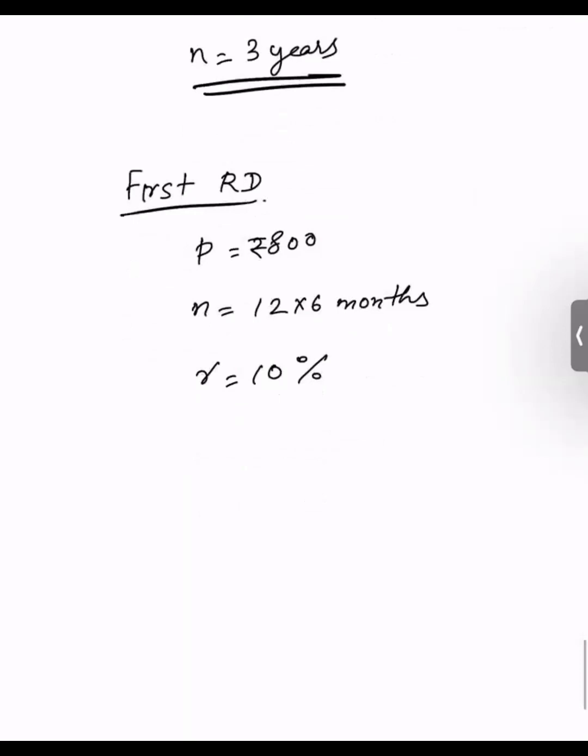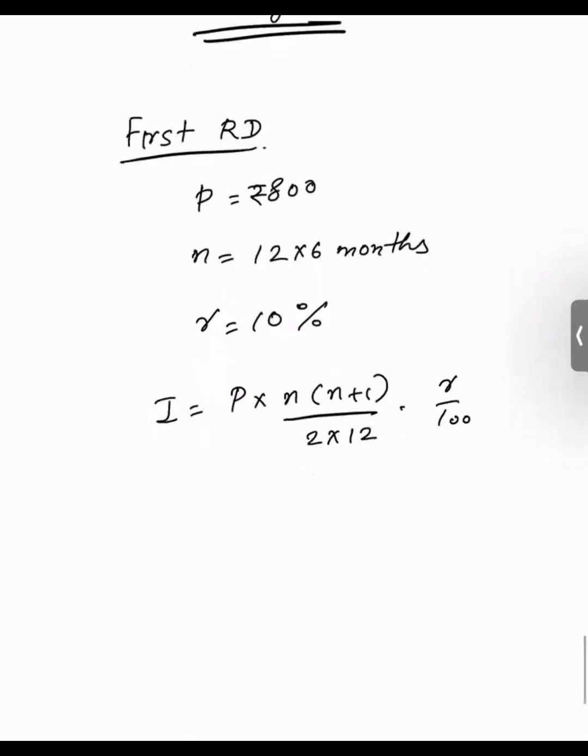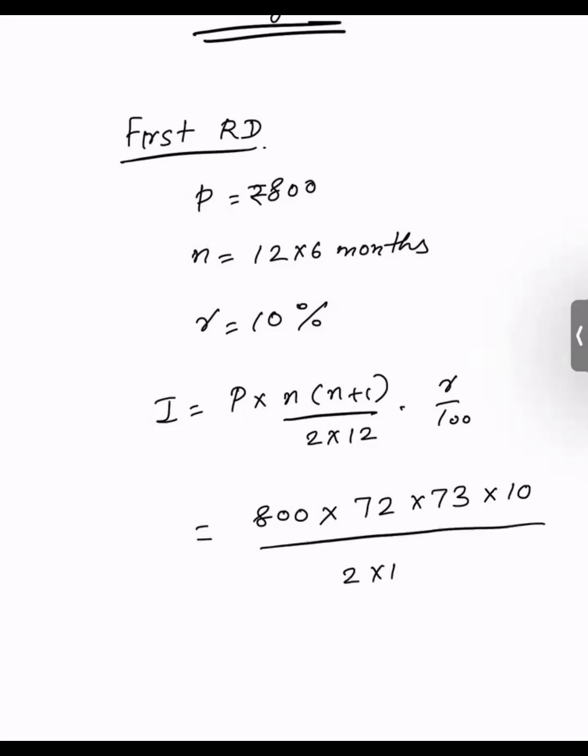So this is for first RD, and you have to calculate the maturity value for this. So what is I? I is going to be P into n into n plus 1 by 2 into 12 into R by 100. Let's substitute the values. 800 into, what is 12 into 6? 72 into 73 into 10 divided by 2 into 12 into 100.